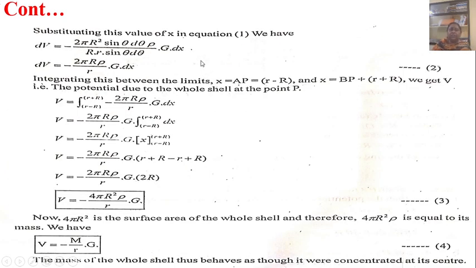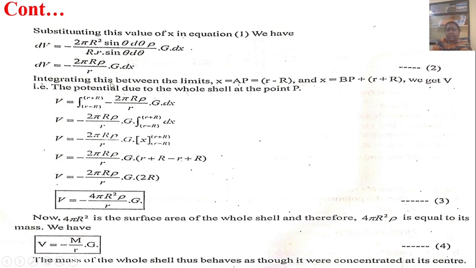So putting this value of x in equation 1, we get dV equal to minus 2 pi R square sin theta d theta into rho upon R r sin theta d theta into g into dx, and therefore dV equals minus 2 pi R rho upon r into g into dx.